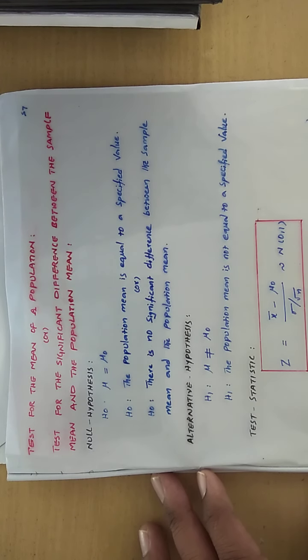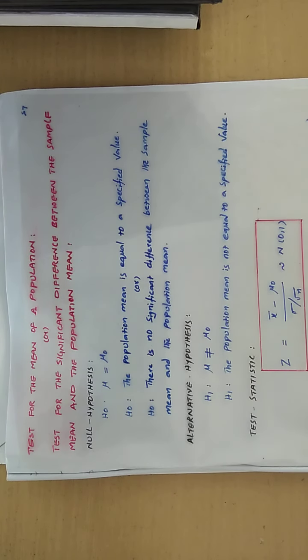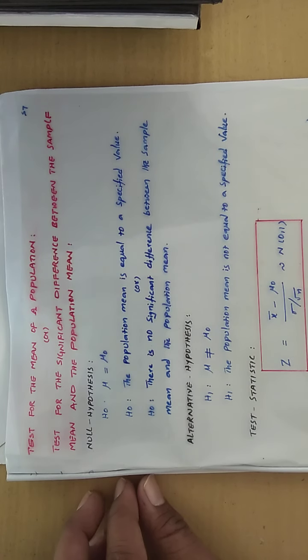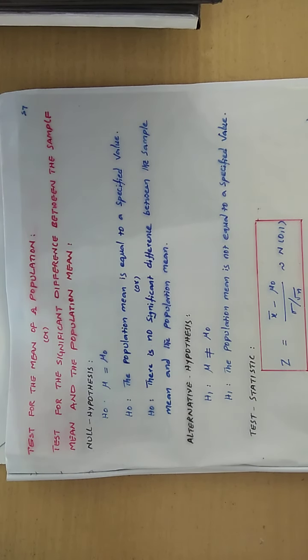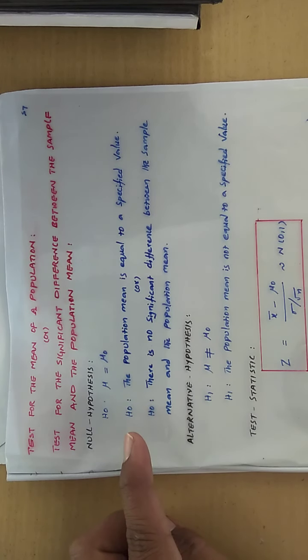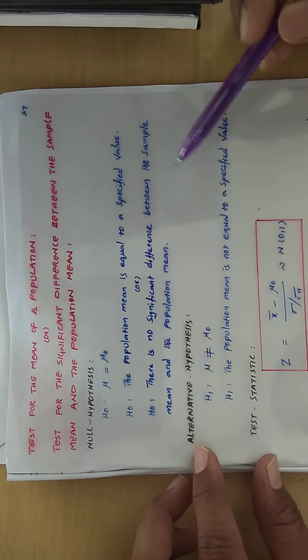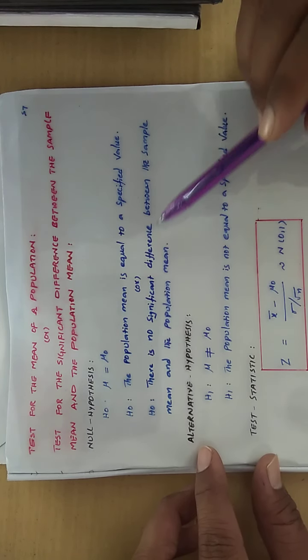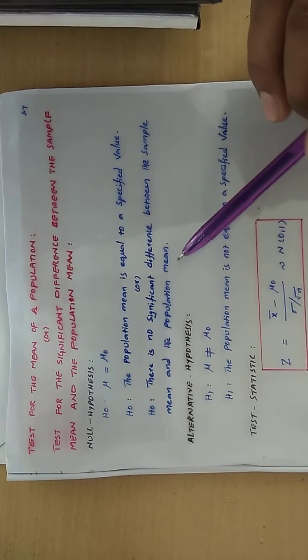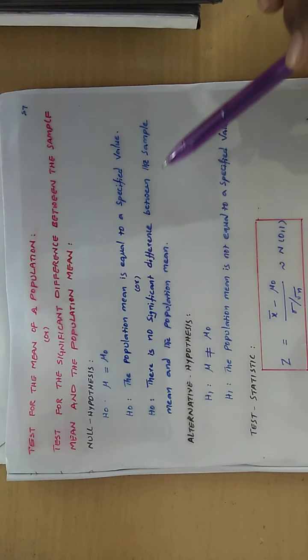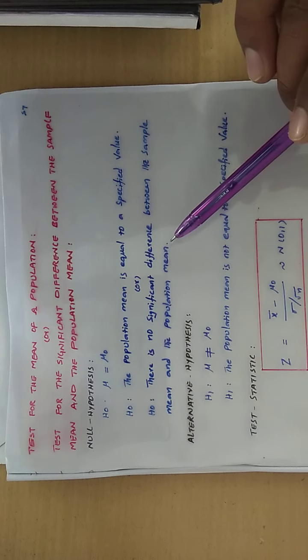Now see the testing procedure we discussed till now. Test for population mean, test for the significant difference between the sample mean and the population mean. So the null hypothesis, notation and verbal. There is one more way of writing the null hypothesis: there is no significant difference between the sample mean and the population mean.